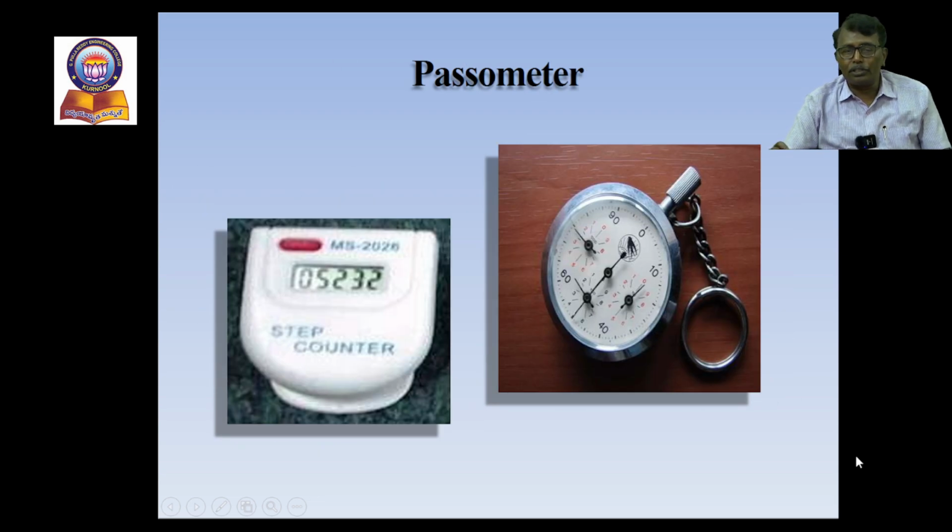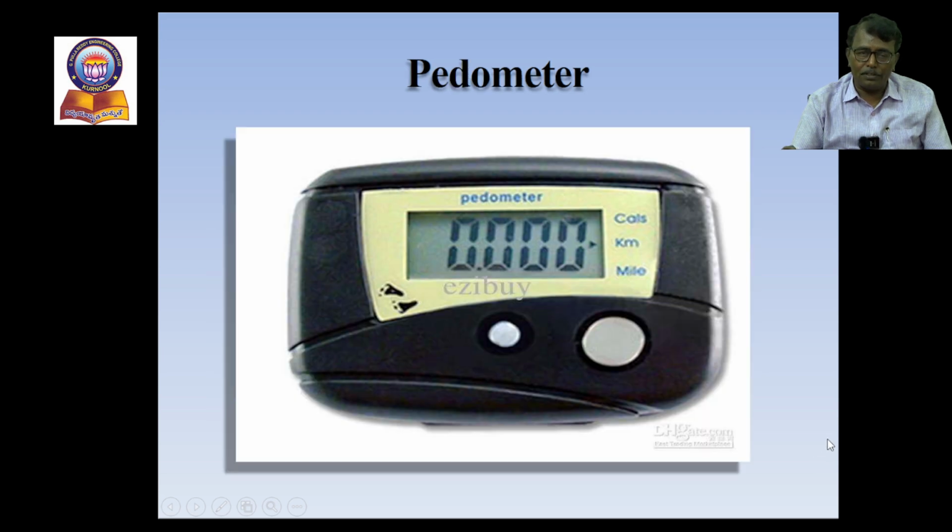So by simply counting, you can get the number of paces. A step counter can also be used, another instrument called a passometer, to count the number of steps. Another instrument is called a pedometer. A pedometer counts the paces, and multiplied with the distance of each pace it will give the distance directly.